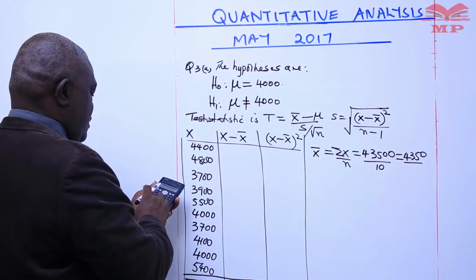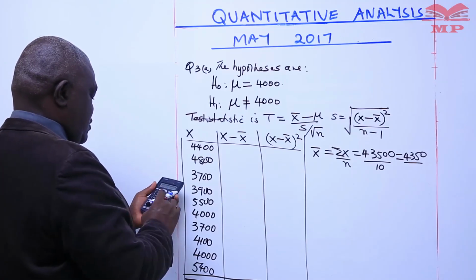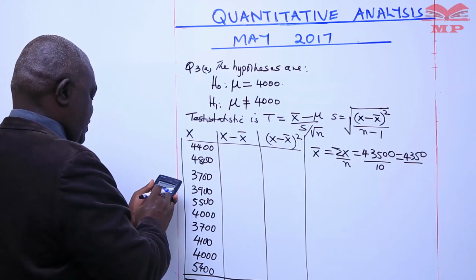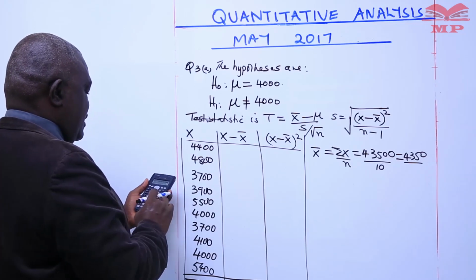So what do I get? 4400 minus 4350, I get 50.